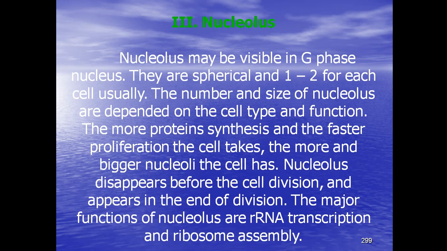Suppose a cell is involved in more protein synthesis or faster proliferation, then the nucleoli will be bigger and more numerous. Remember, the nucleolus disappears before cell division and reappears at the end of cell division.